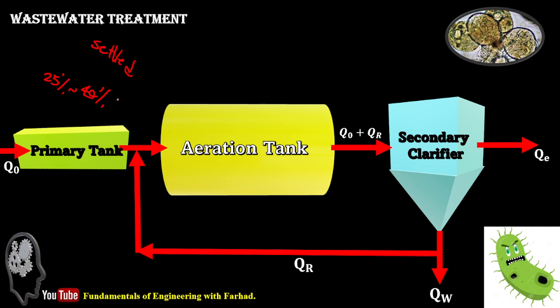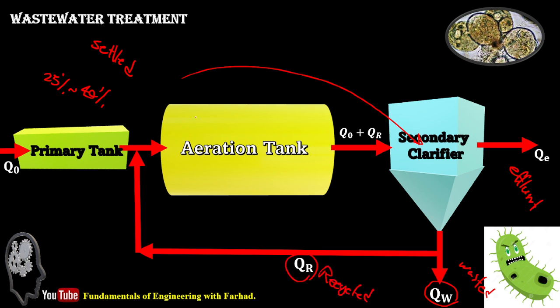Then it moves forward to the secondary one, and we can have an aeration tank in between them. Then part of it goes out, we call that effluent. Part of it is wasted, moves out of the system, and a part is recycled.